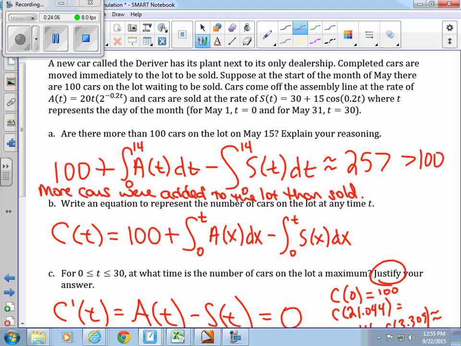So my y value doesn't have to be accurate. If they were asking what is the maximum number of cars, I would go back and store that 21.044. To store from the graph, you go to your home screen and type X, store as, and it'll use the X from the graph screen wherever you left it.